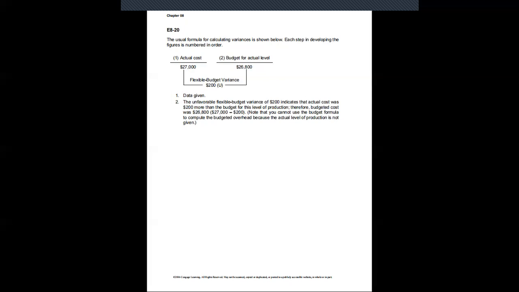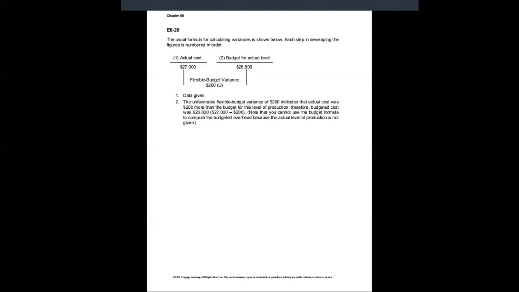So the usual formula for calculating variances is shown below. Each step in developing the figures is numbered in order. We have the actual cost, the actual overhead for the month, 27,000. Then the budget for actual level is 26,800, and the flexible budget variance is given at 200, which is unfavorable.